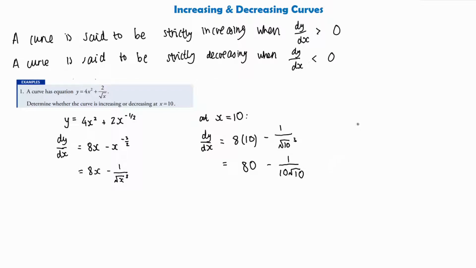And the reason we did this is because root 10 cubed is the same as root 10 times root 10 times root 10, which is also equal to root 10 squared times root 10. And we know root 10 squared is just 10. So it's 10 times square root of 10. So that's how I've gone from this to this here.